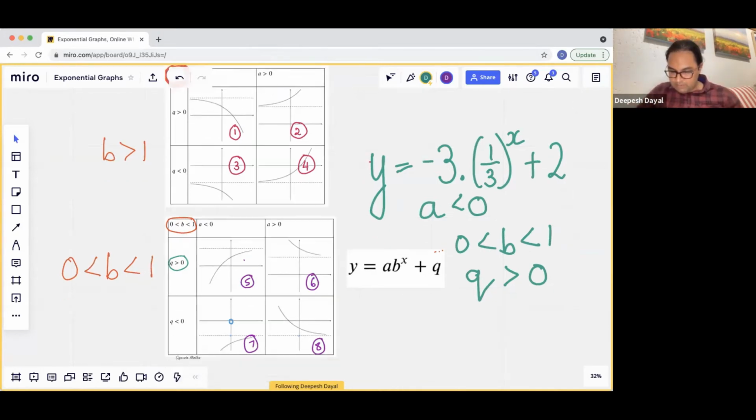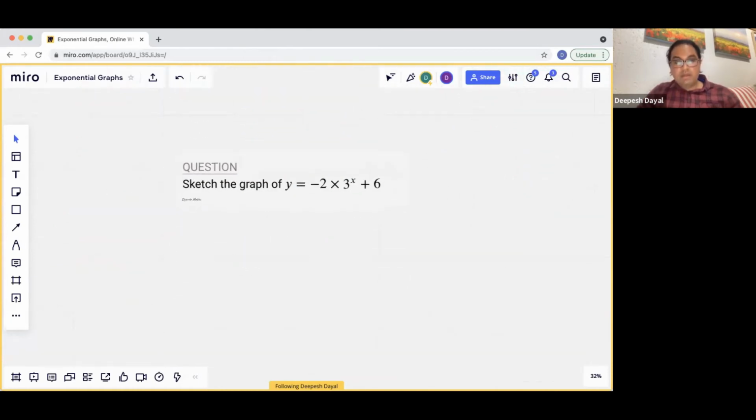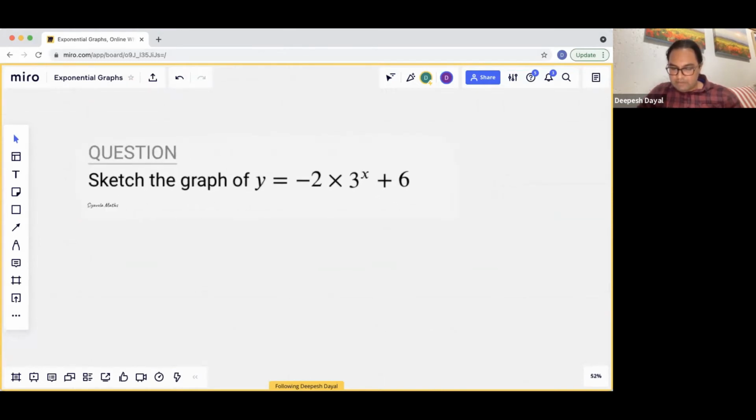Okay, so I'm going to give you one here. I hope you have your drawings there, but we can come back to it on the top. We've got y equals -2 times 3 to the x plus 6. I think it's best we go up again, but you're going to have to help me remember that equation: -2 times 3 to the x plus 6. Let's go up.